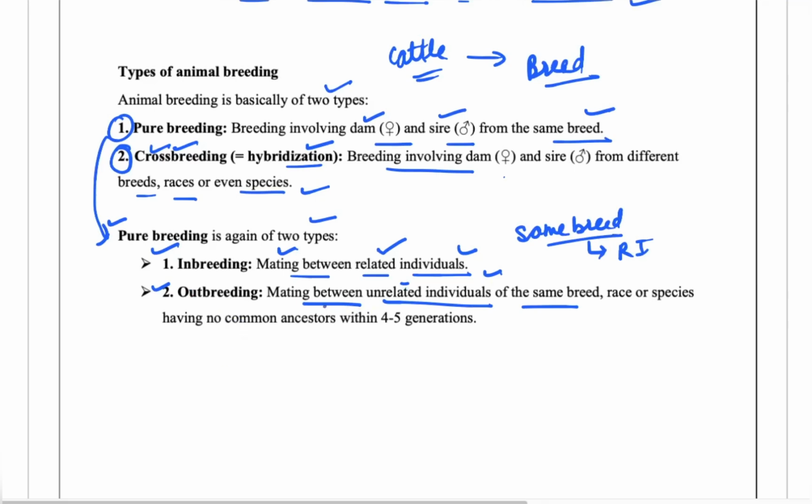In outbreeding, the mating occurs between unrelated individuals, and they have no common ancestor within 4 to 5 generations. This is very, very important, right? In inbreeding you will find a common ancestor, but in outbreeding there should not be any common ancestor within 4 to 5 generations of the mating pair.